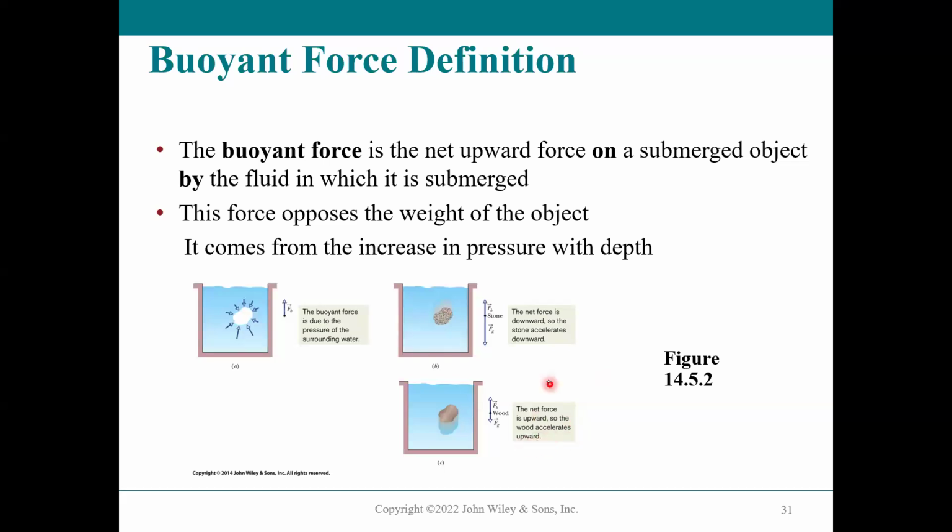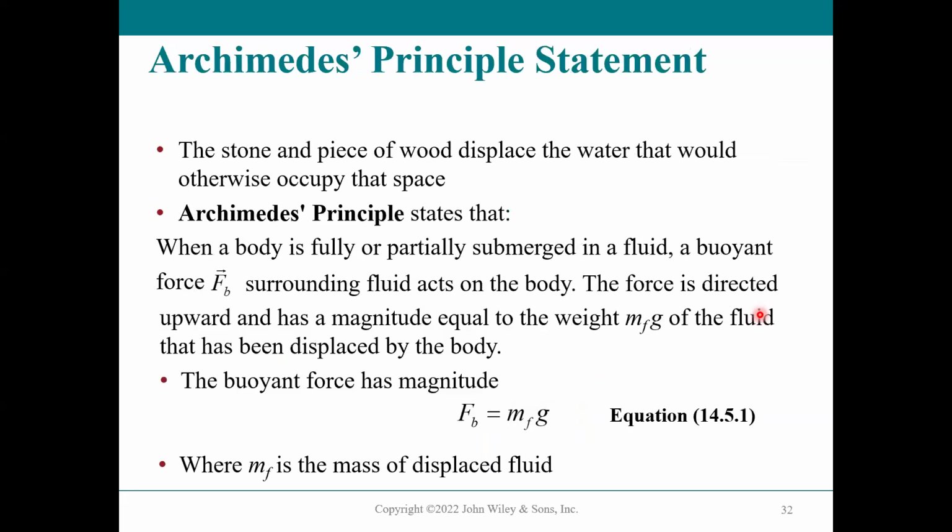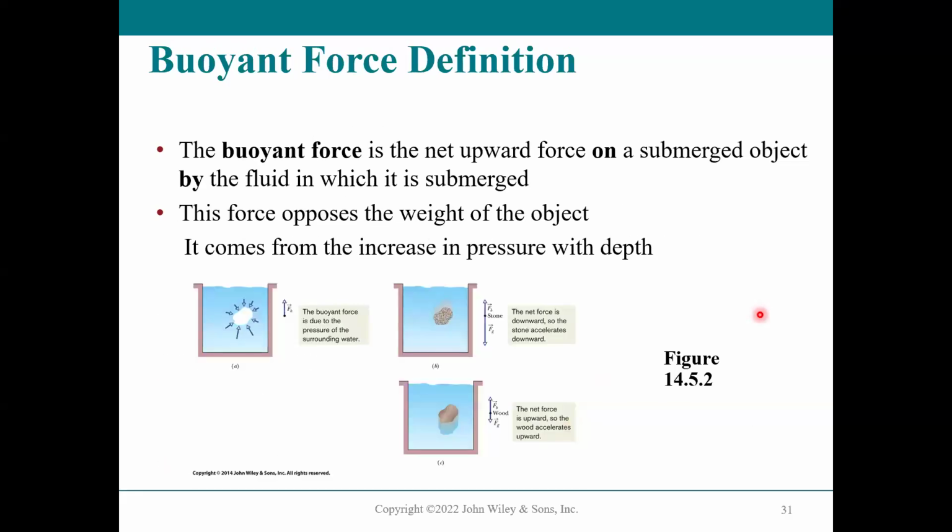We know that stone goes downwards since its mass density is higher than wood, for example. Wood is relatively light, and then it will go upwards. So this one is the buoyant force.